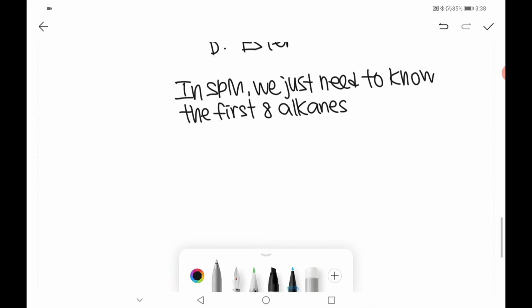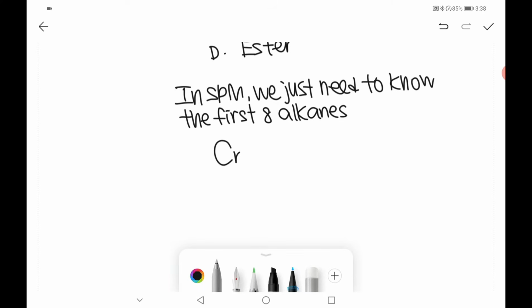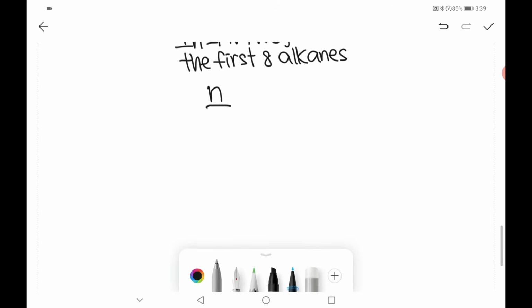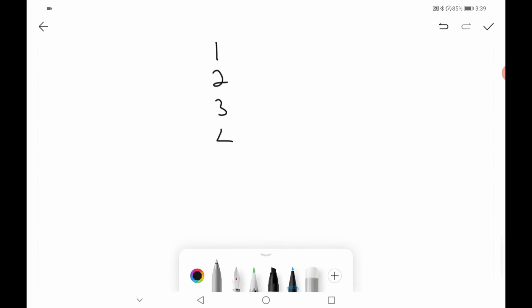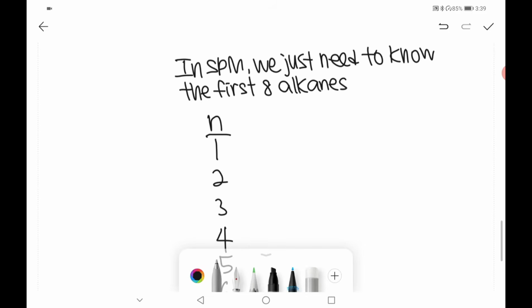You will use the formula CnH2n+2. You can substitute the n with the numbers 1 all the way to 8, and this gives the molecular formula for the alkane.